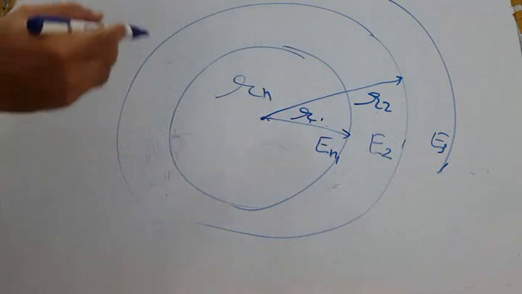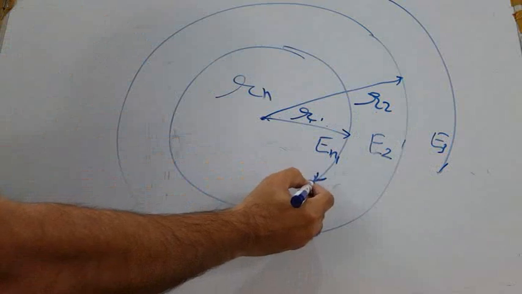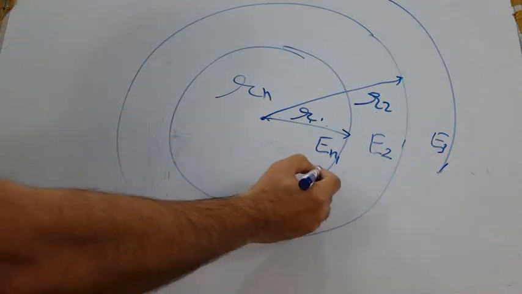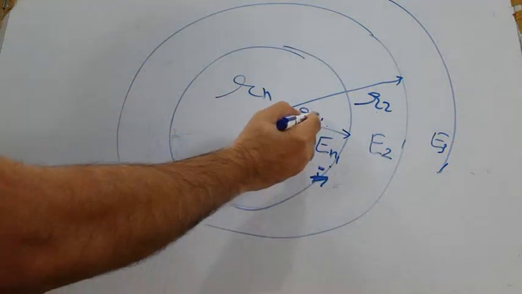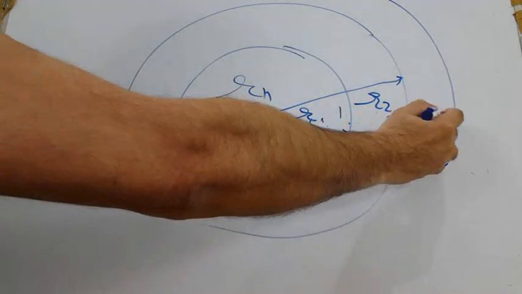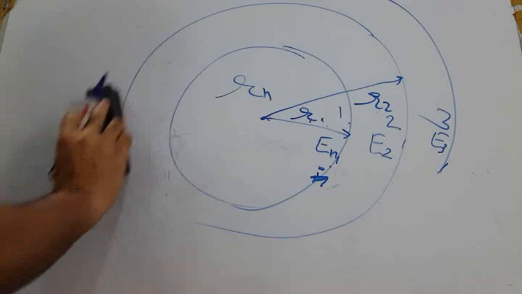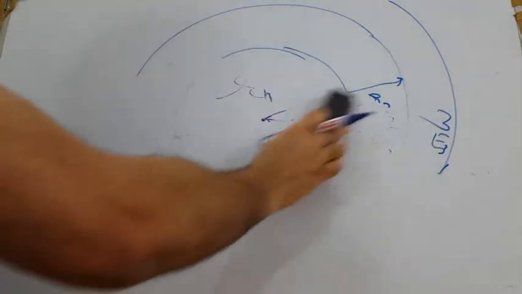From that we can also calculate the velocity of the electron in the first orbit or second orbit or third orbit. How? Let us go ahead. First, we derive the equation for the radius.